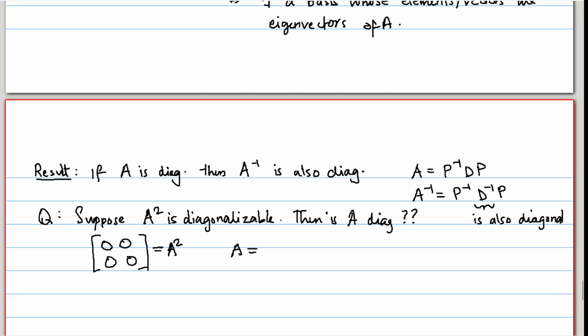So let's take A to be [0, 1; 0, 0]. Then A square will be the zero matrix. And A is not diagonalizable.